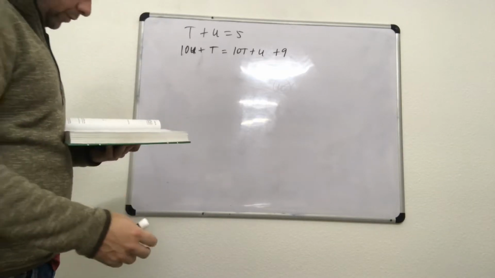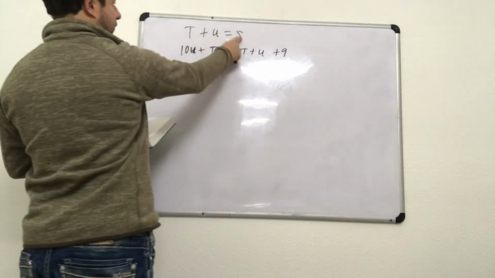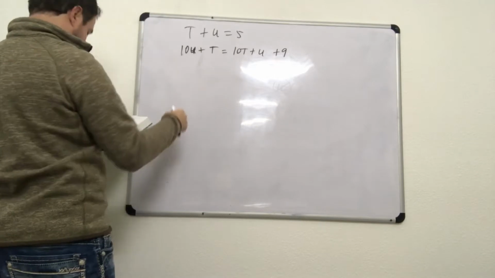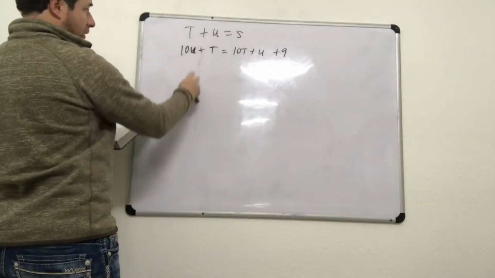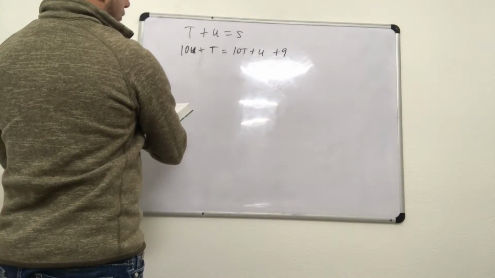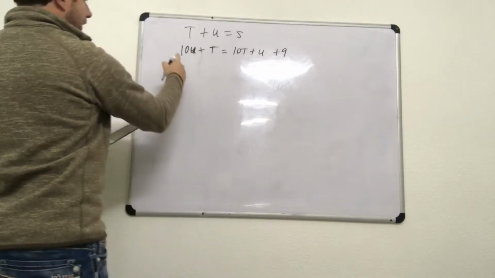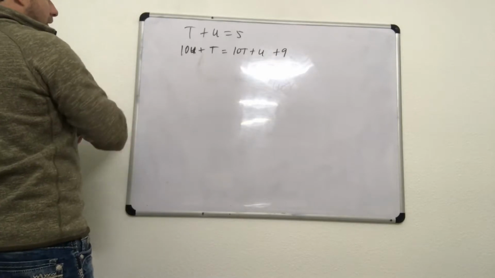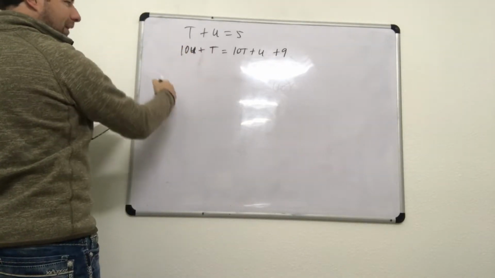And they give us some clues. They say the sum of the 2 digits is 5. So t plus u is 5. Then they say when the digits are reversed. Now, in this first one, it's just no big deal. T plus u is 5. In the second one, we're going to talk about the value of its place.